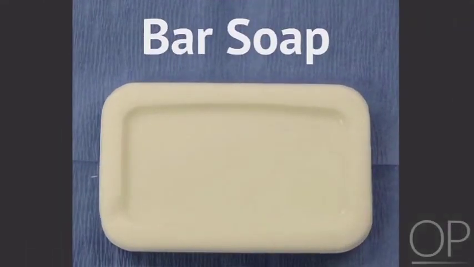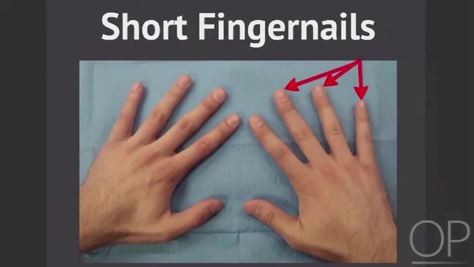If bar soap is used, it should be kept in a holder that allows it to dry in between uses. Fingernails should be kept short, and artificial nails should not be worn by doctors, nurses, or other healthcare workers who take care of patients.